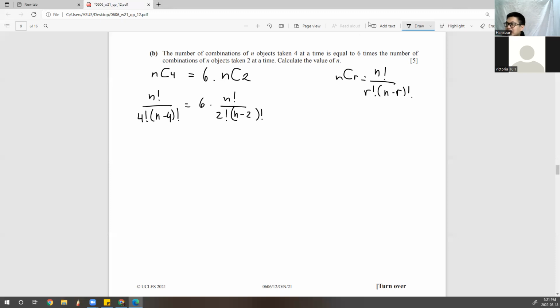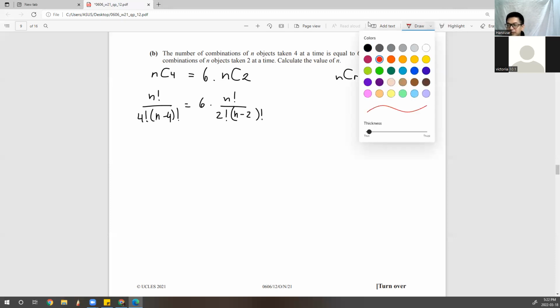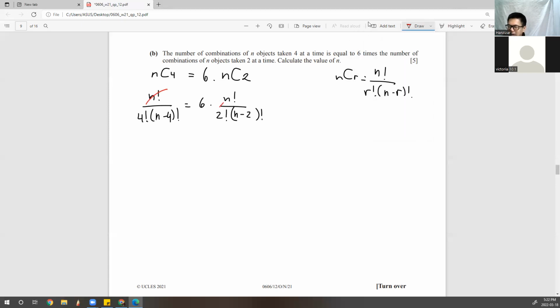Now we can simplify first. Don't do this too fast. Cross out, right? Then 1 over 4 factorials times n subtract 4 factorials equals 6 over 2 factorials. 2 factorials is 2, right? Because 2 times 1.